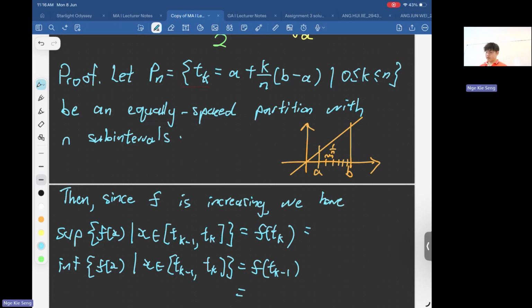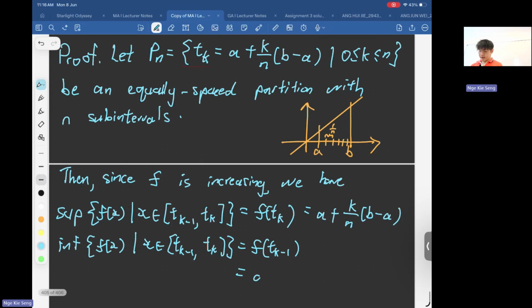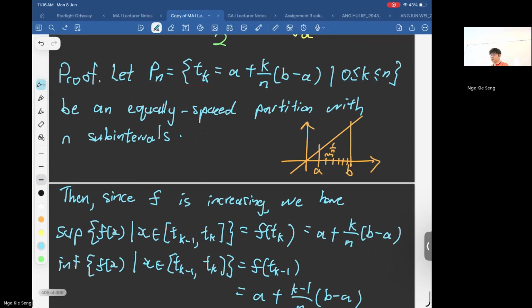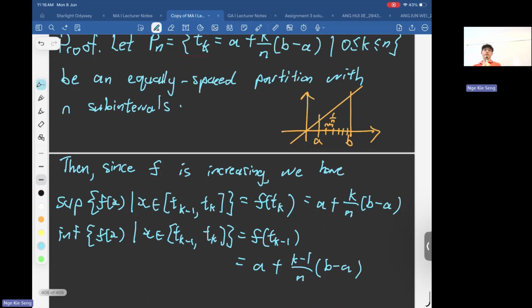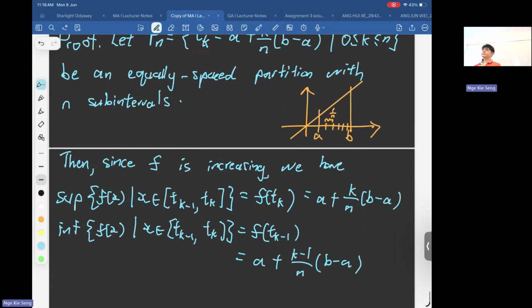The first one, you get a plus k over n times (b minus a). And the other one, you get a plus (k minus 1) over n times (b minus a). Because our function is f(x) equal to x, you just get your left end and right end point as your height.